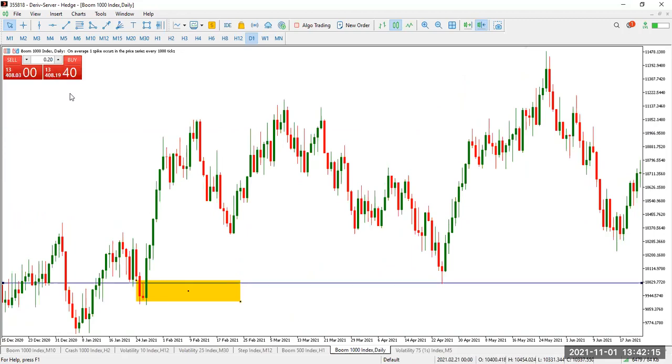What are the criteria to determine that this is a very good zone? For you to know that this is a very good zone, you must see one base candle first. That is why tomorrow I'm going to list out the principles of trading this supply and demand zone, for everyone to see.